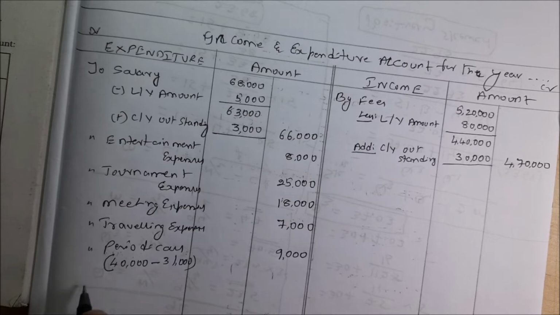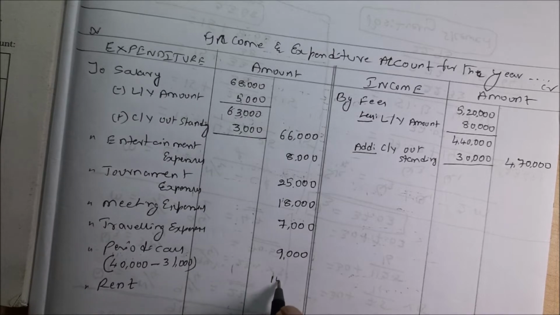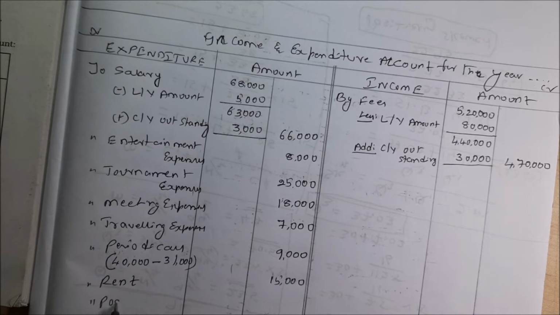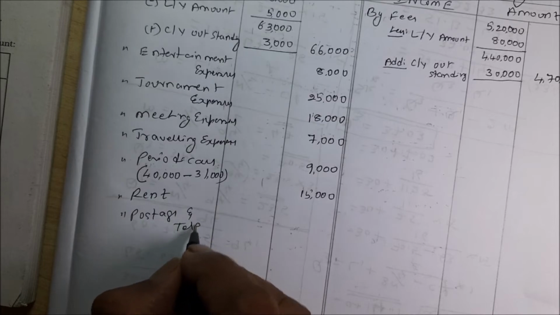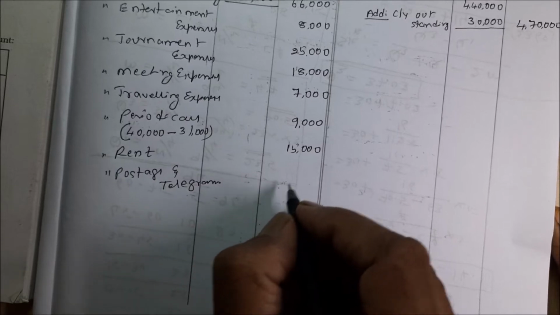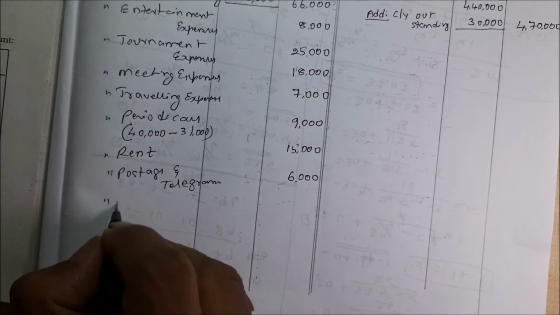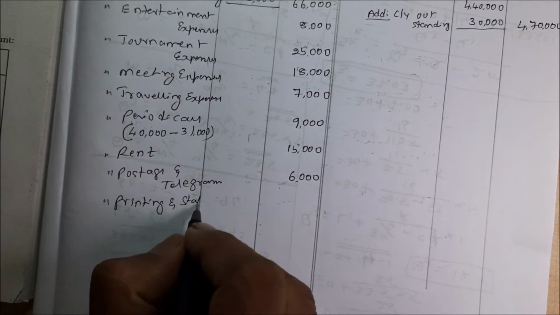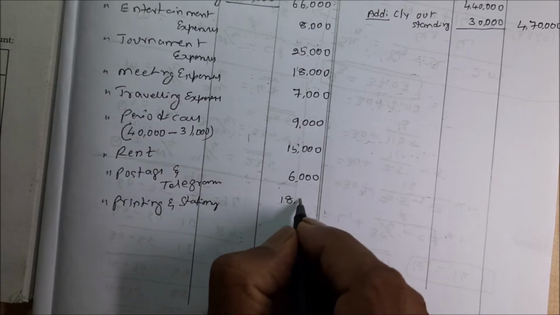Then to rent 15,000, to postage and telegrams 6,000, to printing and stationery 18,000.